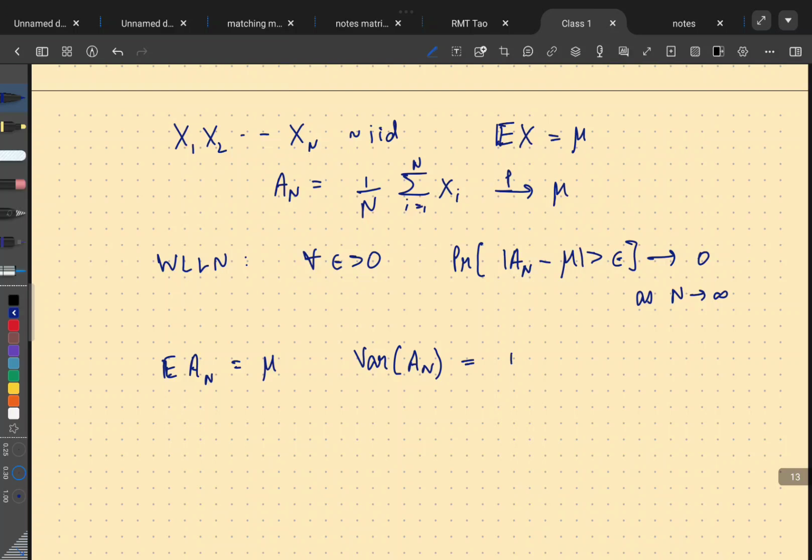So the simple reason is this is equal to the variance of 1 by n summation i equal to 1 to n Xi. If you have IID random variables, then the variance of the sum is equal to the sum of the variances, and the variance of some alpha times a random variable X is alpha square times the variance of X. So this is 1 by n squared times the sum of the variances of the Xi's.